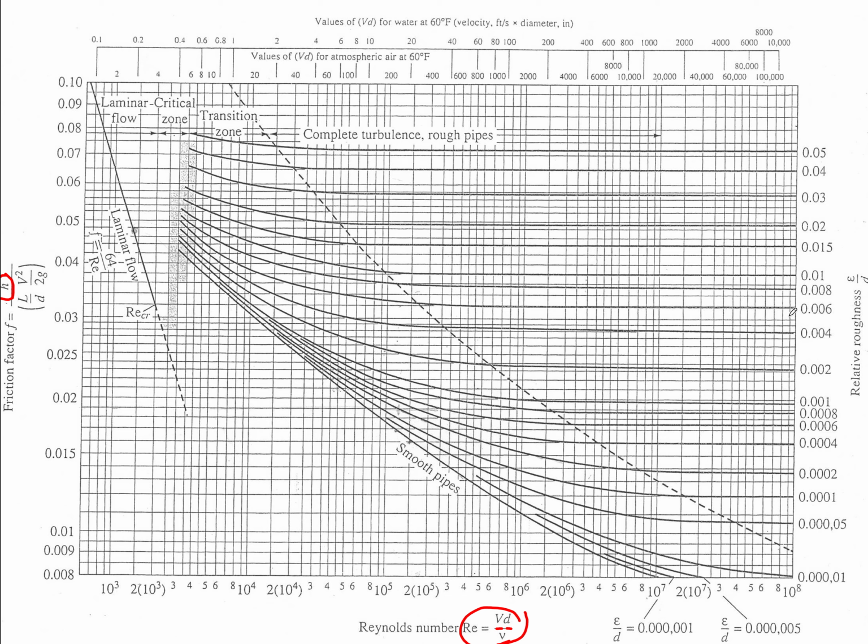And it also depends on this factor, which is the roughness. You see we have multiple curves, and each curve is a different type of roughness. This curve has a roughness factor of this magnitude, this curve has a different one, so each curve is labeled.